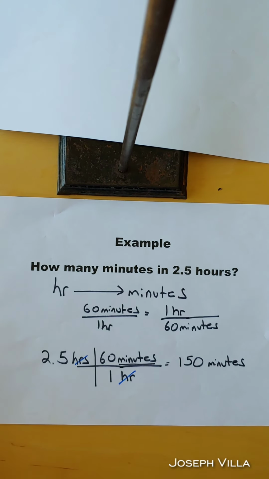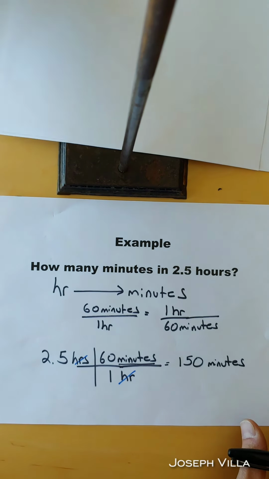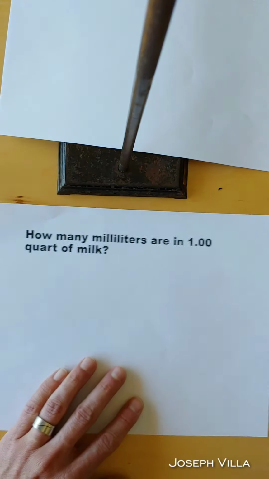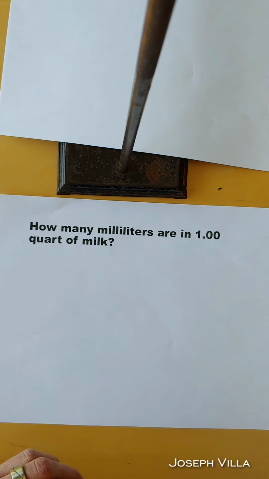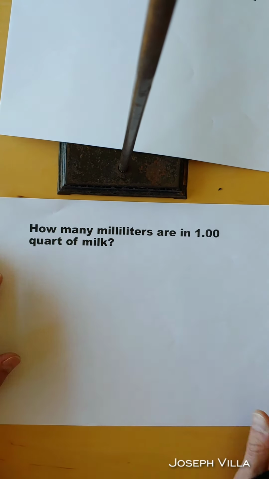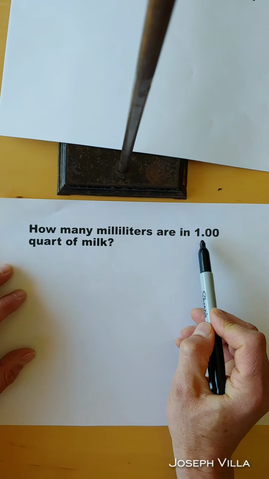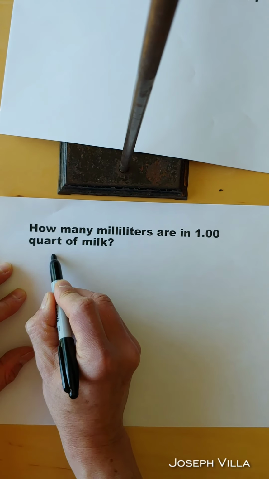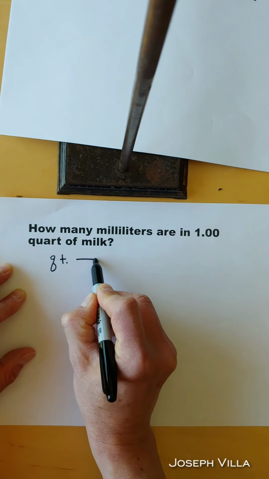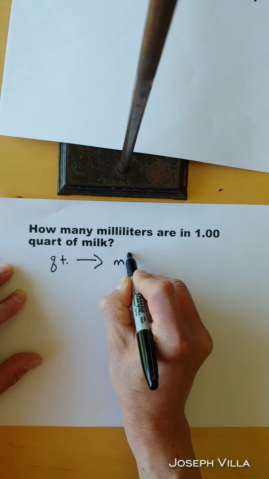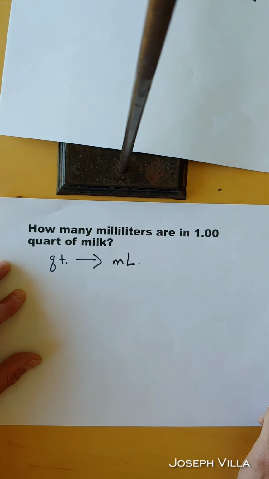Another example problem: how many milliliters are in 1 quart of milk? Now I want to go from quarts, that's what I'm starting with, and convert that to milliliters, abbreviated mL.